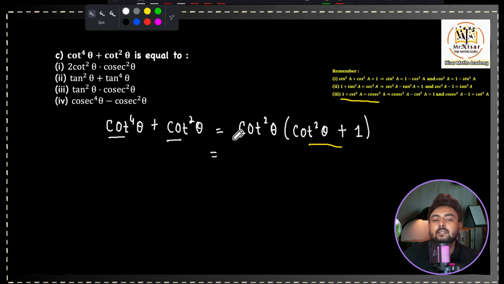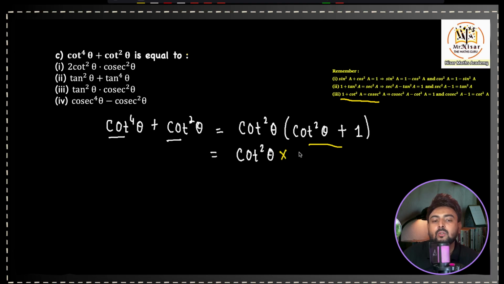So I'll write this cot square theta as it is, and that 1 plus cot square theta becomes cosec square theta. 1 plus cot becomes cosec.